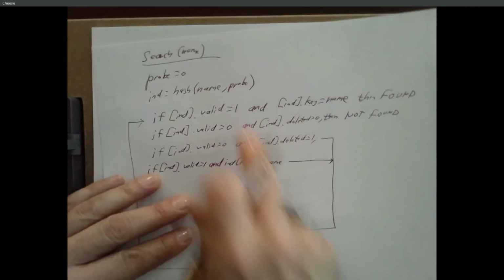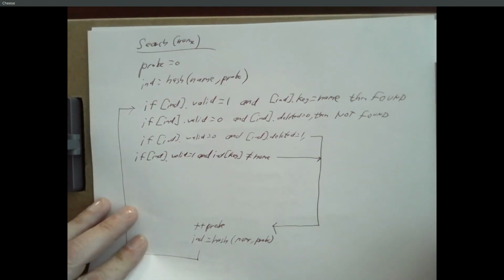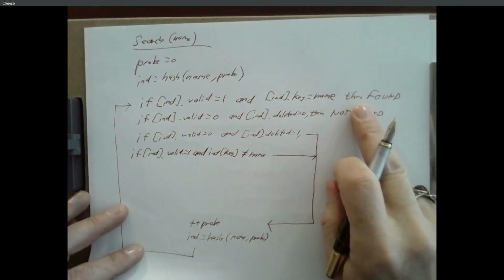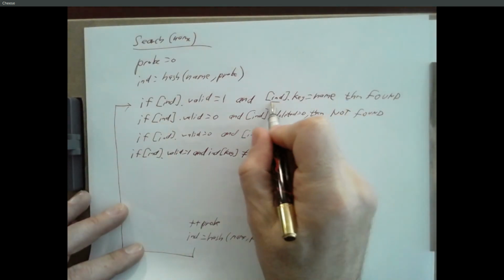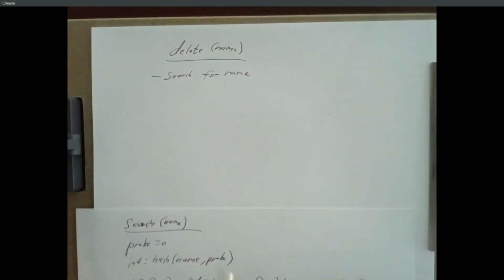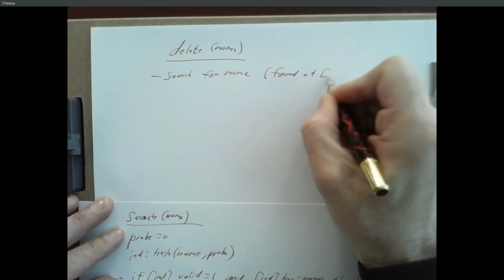So do all of this stuff. And if the name's not found, you shouldn't be trying to delete it anyway, but just either yell at the user or just return silently. But assuming that you find the name, we know where that name is stored in the hash table. We've got the index. So search for the name, and let's suppose it's found at location index.